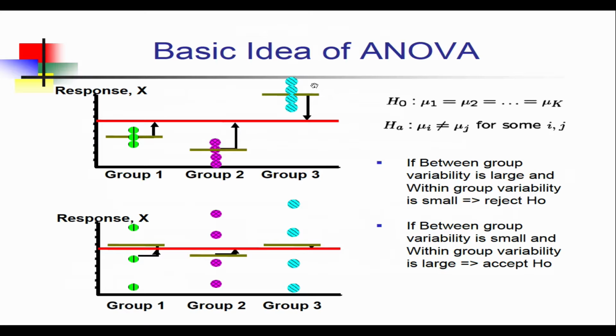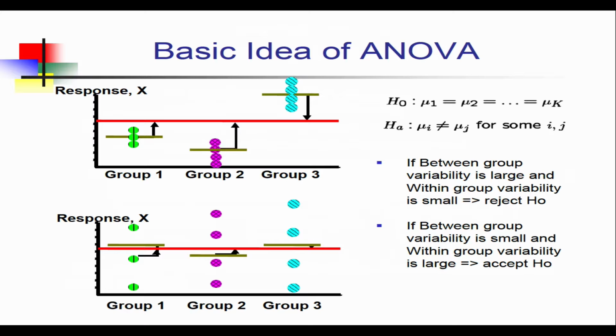That indicates at least one group mean is different from the others. So under this situation, when the between group variation is large and within group variation is small, we reject the null hypothesis. Does this make sense?